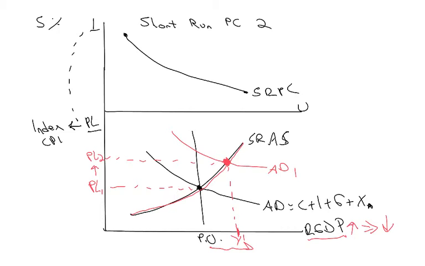And on the other hand, during periods where unemployment is very high, for example, if we had an intersection of AS and AD here, we would see very high unemployment because we have a low level of production, we would see also, though, a lower price level. So what you can really get to in the end is that the aggregate supply curve and the short-run Phillips curve are mirror images of each other.